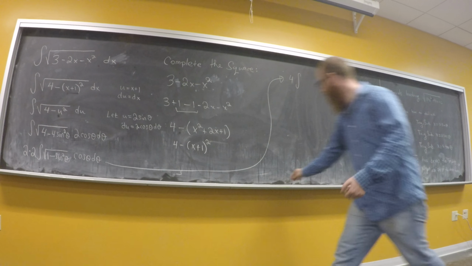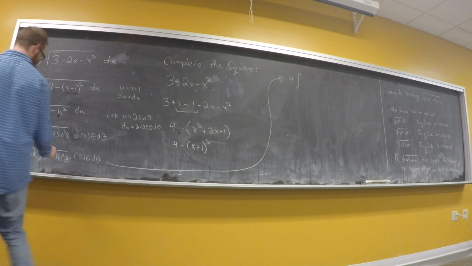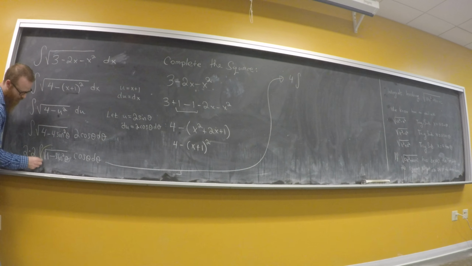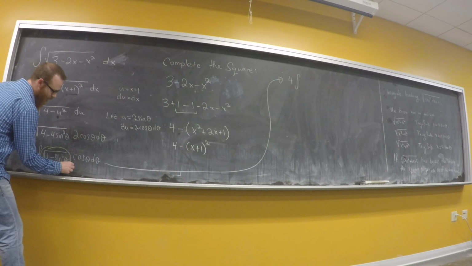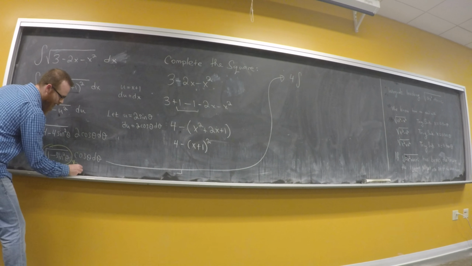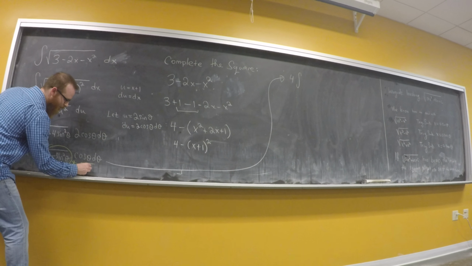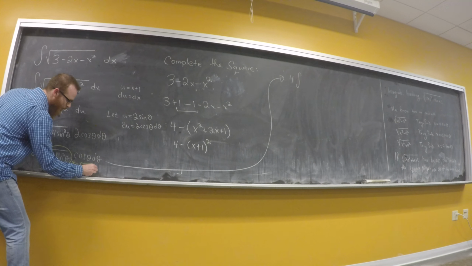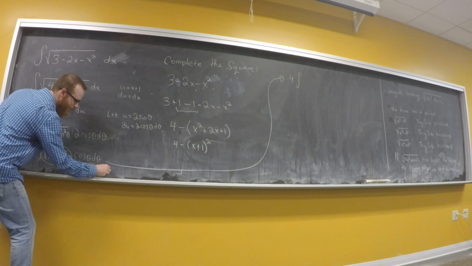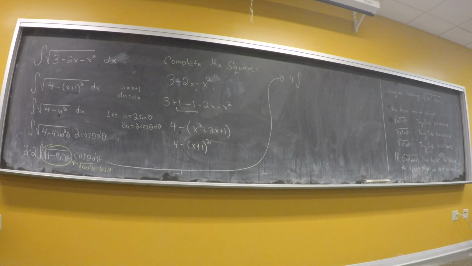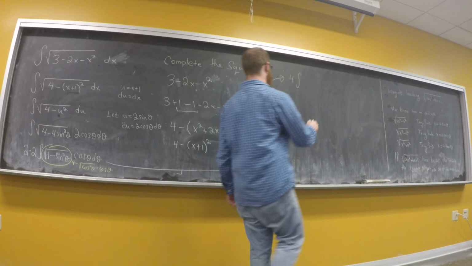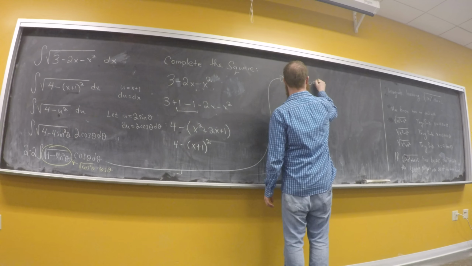And remember, the square root here becomes square root of cosine squared, which is cosine. So I've got cosine theta times cosine theta. So we get the integral of cosine squared.